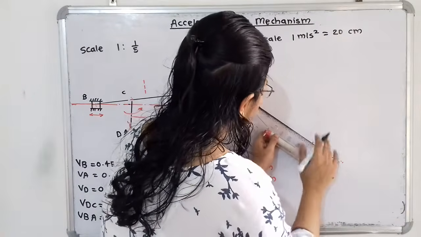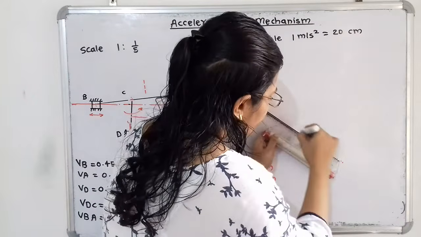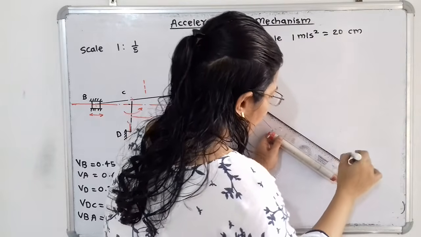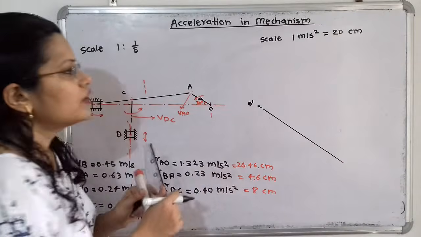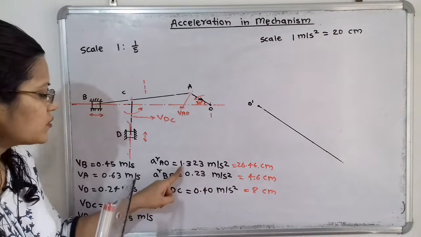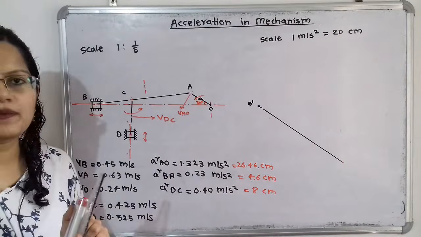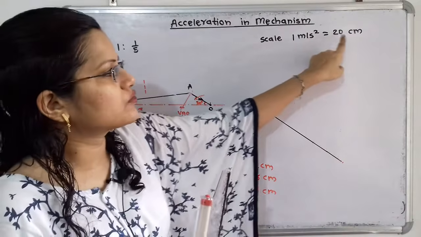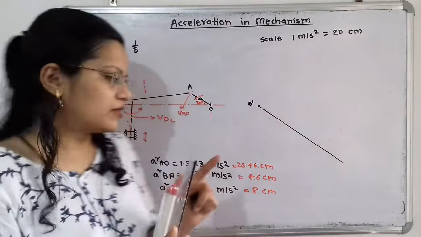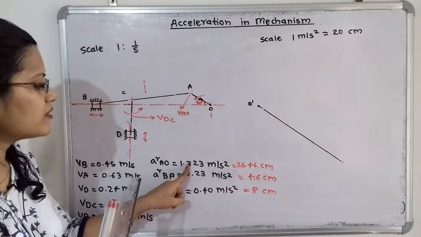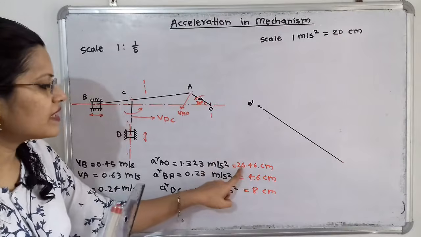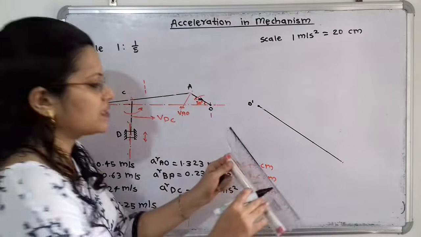So here if we draw one line, then what is the scale that is required? That is the important point. Here the magnitude is 1.323 meter per second square, and we have taken the scale 1 meter per second square equal to 20 centimeters. So if we multiply 1.323 with 20, then we will get 26.46 centimeter.